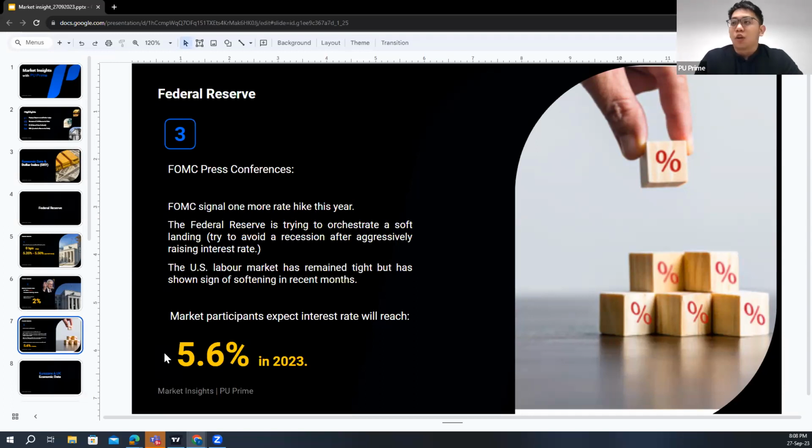for the US economy, because we can see from past readings that the economic data from the US indicates the US economy is still in a healthy status, where the inflation in the US is also gradually coming down. Moving on, we are also aware that the US labor market still remains tight.